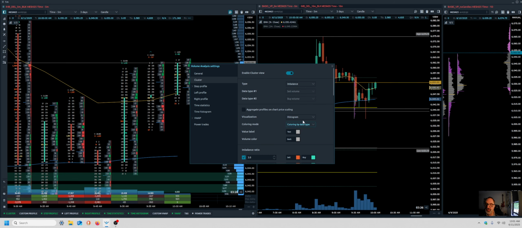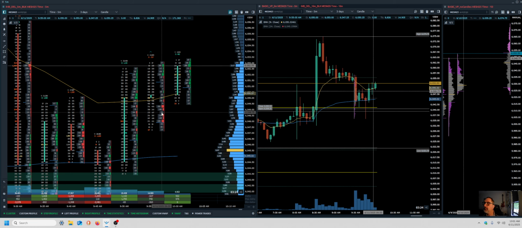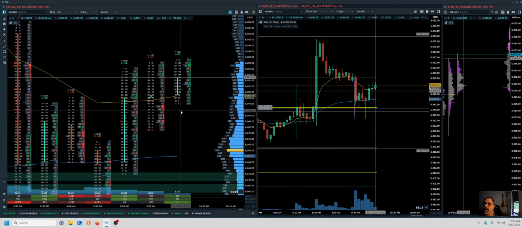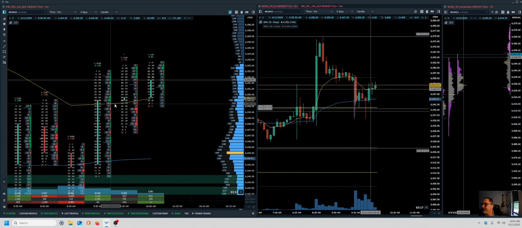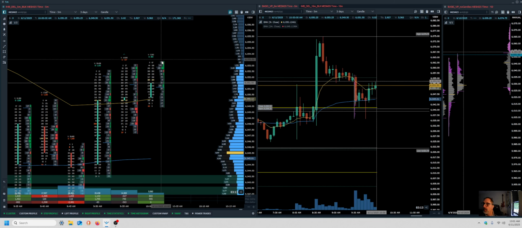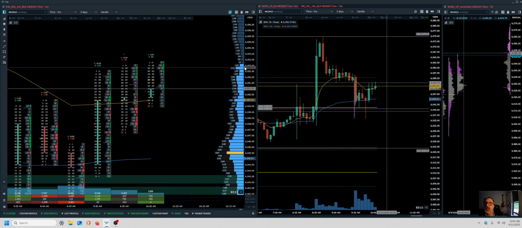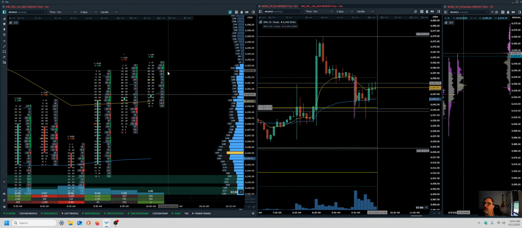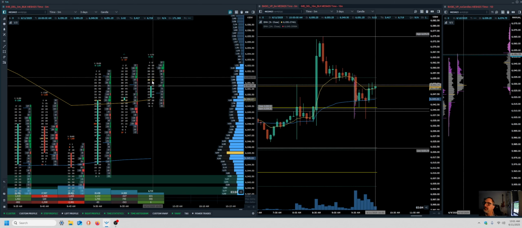Right here, this is the imbalance ratio. So what I want to see here, I mean, we're above the EMA. We're above the VWAP. They're pushing it down a little bit. Looks like right at this value area, it's a fade.